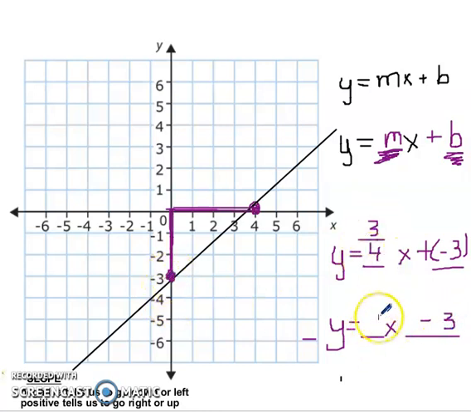And then you're going to go in and find your m, or your slope. So make a triangle from one point to the next. Your up-down number goes on the top of your fraction. Your left-right number goes on the bottom of your fraction. You've just created an equation of a line, y equals 3/4 x minus 3, just by looking at a line.